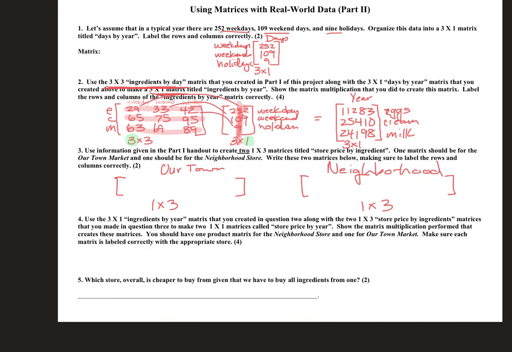All right. So, with that being said, they want us to talk about the price of eggs, the price of cream, and the price of milk. So I'm going to put milk. Oh, no, let's do eggs first. Hold on one second. Let me back up here. And we'll do eggs, cream, milk, eggs, cream, milk. So our town is selling eggs at $1.25 per dozen, $3 for a gallon of cream, and $2.75 for a gallon of milk.